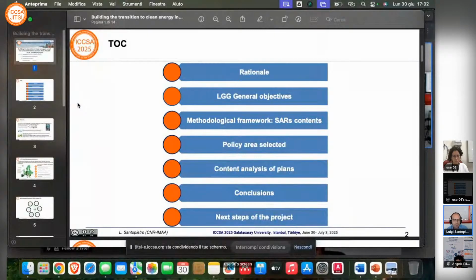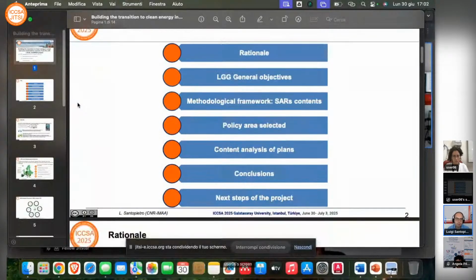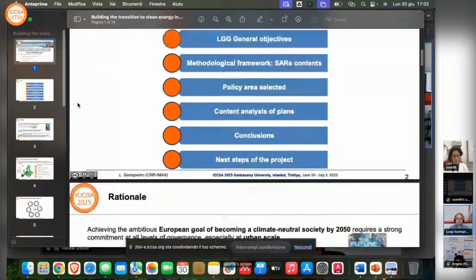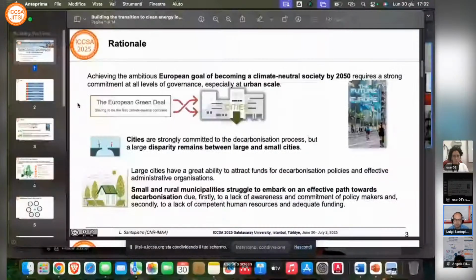Next slide, please. The background of the project is based on the current ambitious target of climate neutrality by 2050 of the EU Commission, and this target requires a strong commitment at all levels of governance, especially at urban scale.